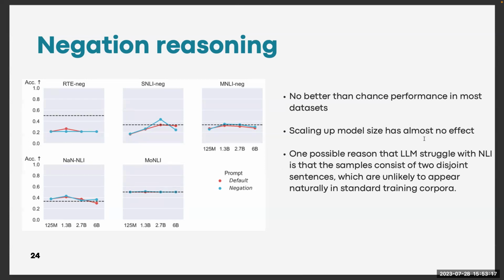And once again, the possible reason why the performance on those NLI tasks is very low is that the format of those tasks contains two disjoint sentences together, which are not related at all, and the second sentence is not the continuation of the first sentence.